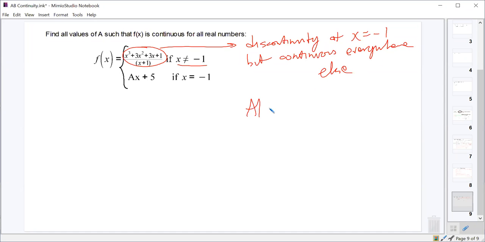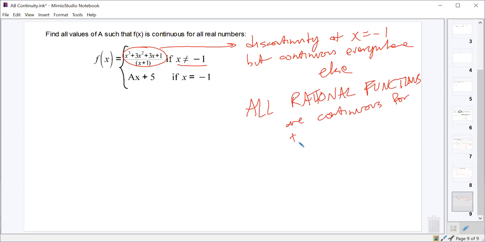All rational functions are continuous for their domains. So a rational function is continuous on its domain.